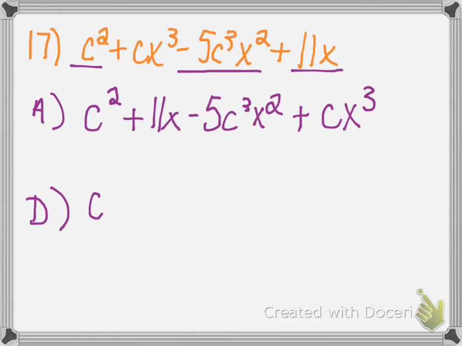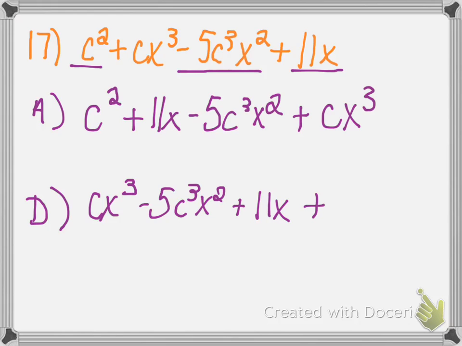So you're going to start with cx to the third, minus 5c to the third x squared plus 11x and then plus c squared. Remember, when you're doing this, you are only looking at your powers of x. Don't look at your c's.